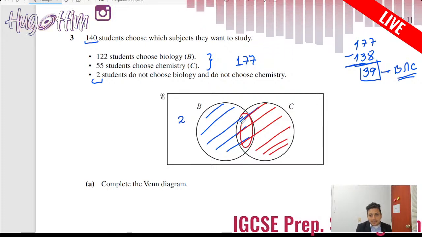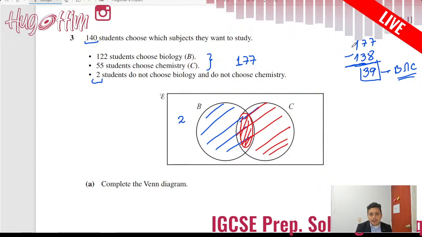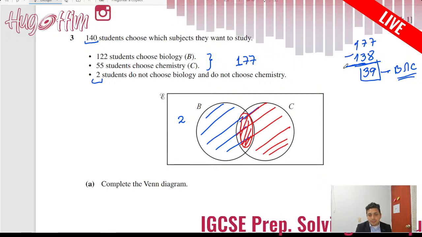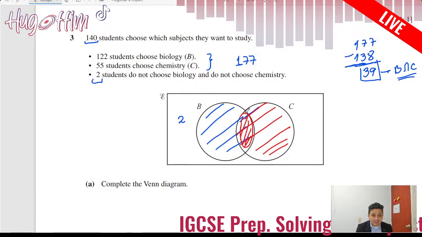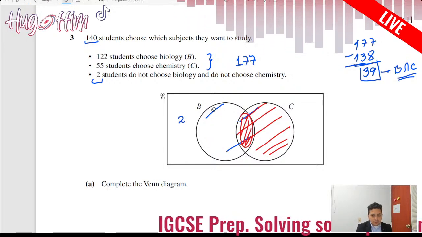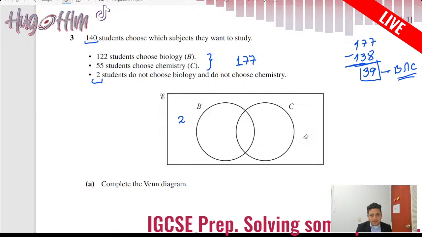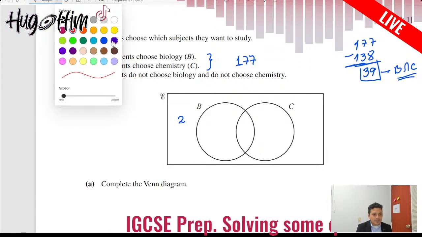So I'm adding this intersection, but this intersection is just going to be the subtraction of 177 and 138. 138 means all, plus the intersection gives me 177. So now, bearing this in mind, I know that the number of students in the intersection is 39.